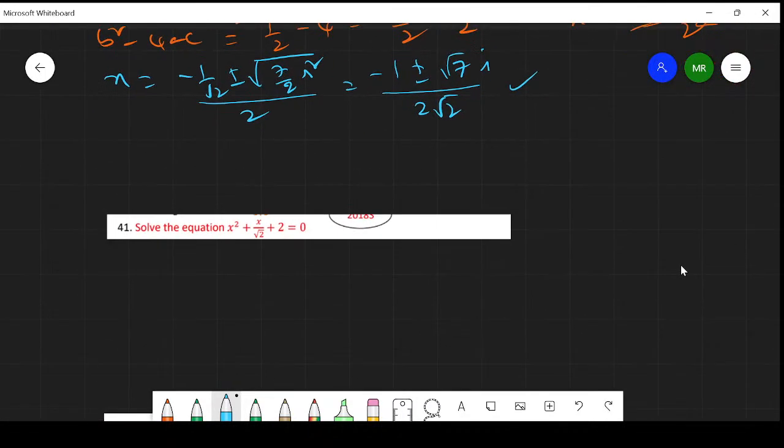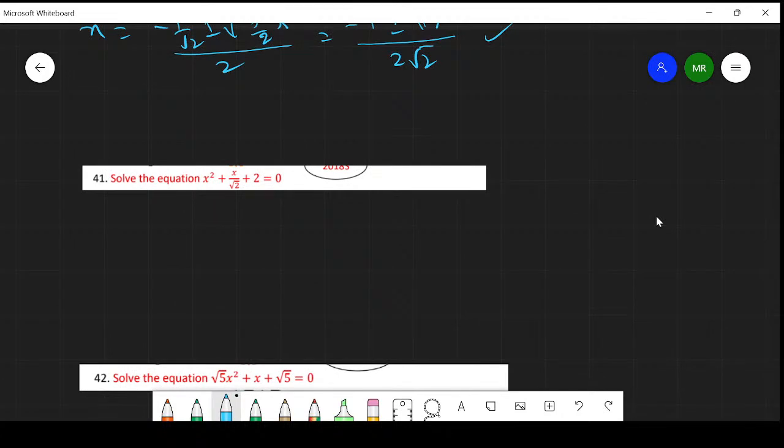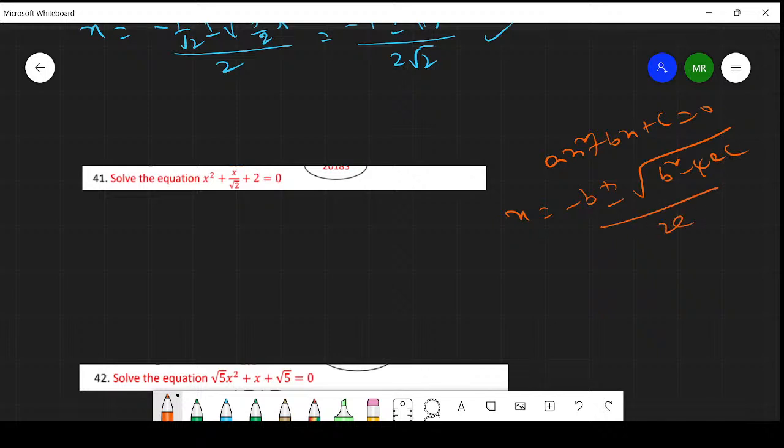Next one. Solve the equation similar to that. Again, when they ask you to solve this equation, you write ax square plus bx plus c equal to 0, since I am comparing with that. You remember x equal to minus b plus or minus root of b square minus 4ac by 2a.